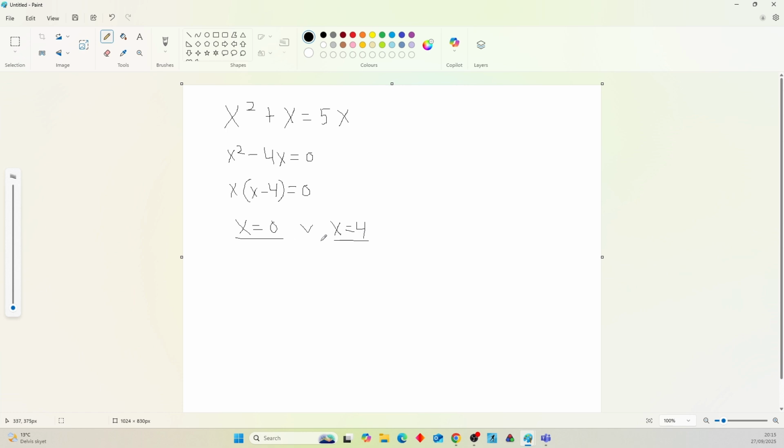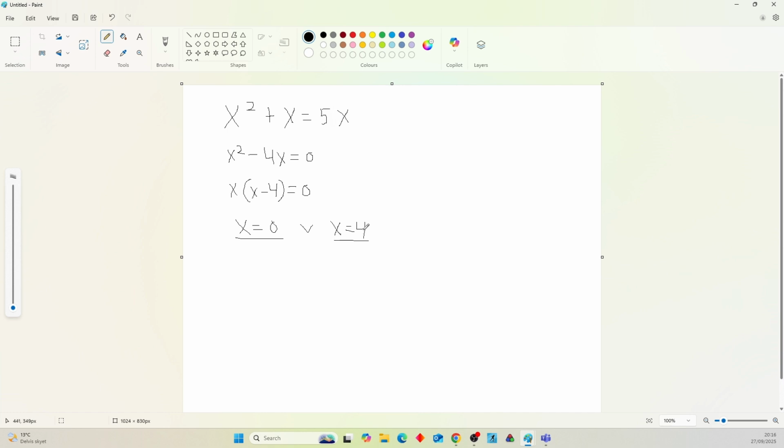Or. So if you put them in, you will see x squared. If putting in 0, 0 squared equals 0, plus 0, that's 0, equals 5 times 0, anything times 0 equals 0. So you have simply left hand side equals 0 and right hand side equals 0.